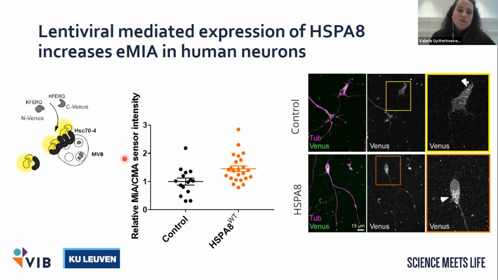And indeed, again, using this microautophagy sensor, we can observe an increase in fluorescence when we express HSPA8, indicating that we indeed can increase endosomal microautophagy in human neurons. And we will test then further the increase of endosomal microautophagy via the expression of HSPA8 in tau mutant human neurons.